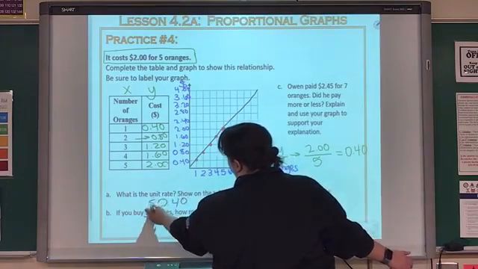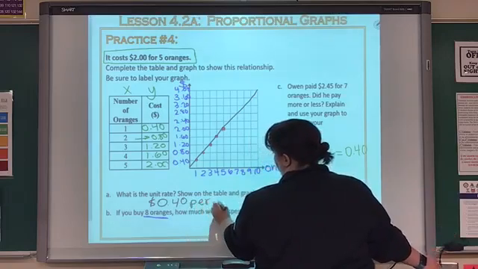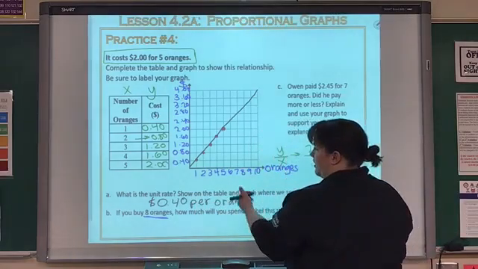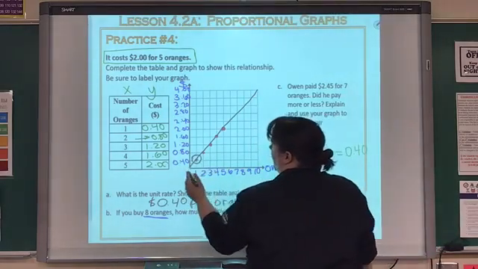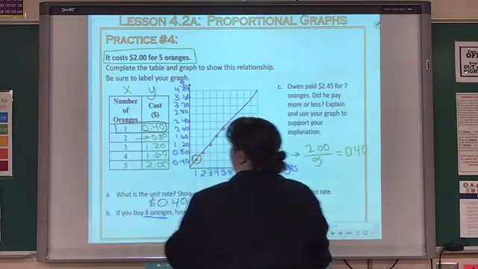That's our unit rate, 40 cents per orange. The places that we see that on our graph is right here, and on our table is this unit rate right here.